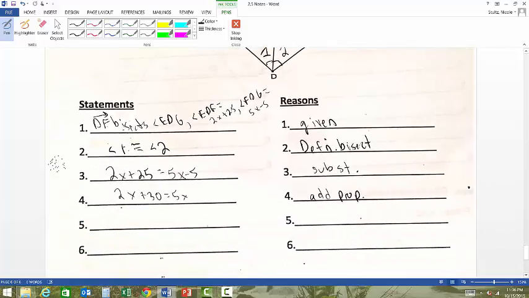It looks like I'm going to have to subtract 2x from both sides. So I'll have 3x over here. Thank you, subtraction property. And my last step is I need to divide by 3 on both sides, which would give me 10 equals x. And that was the division property.